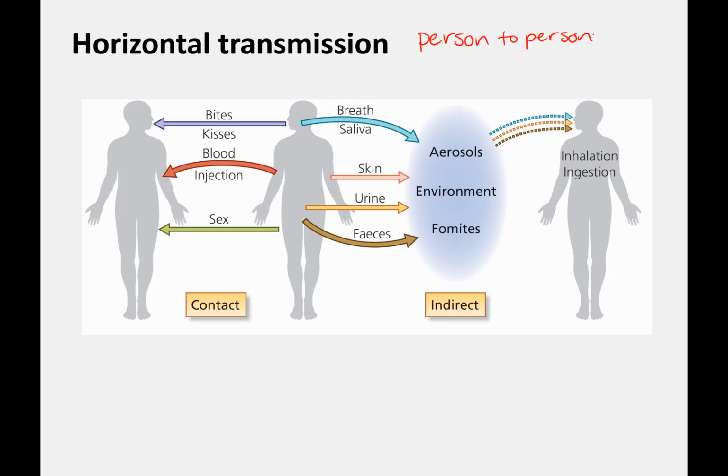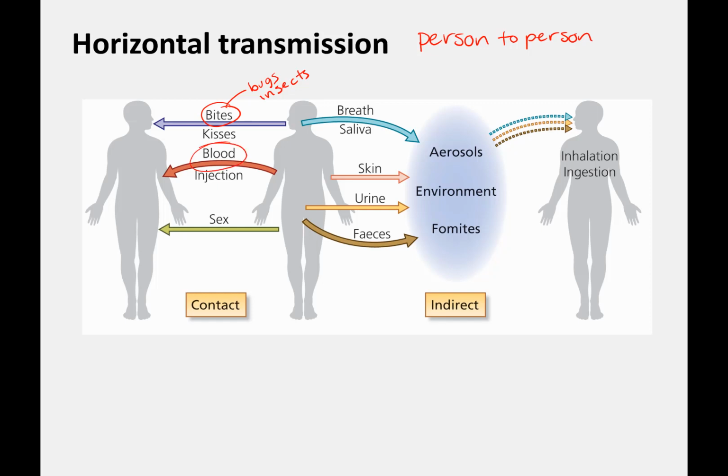Okay. So how can we pass a virus from person to person? Bites, usually not human bites. We're usually talking about bugs, and we'll talk about this in a minute, so arthropods or some kind of biting insects. Some viruses can pass through kissing.